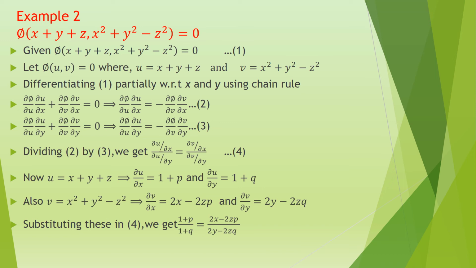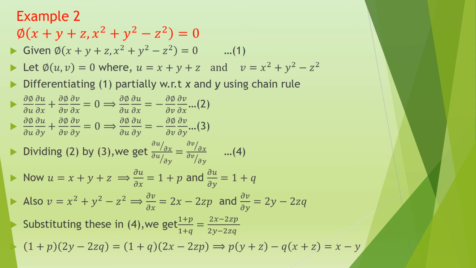If you simplify by just cross multiplying, we will get the simplest and standard form of the PDE. That is, I just cross multiplied: (1 plus p) into (2y minus 2zq) is equal to (1 plus q) into (2x minus 2zp). So which implies, if you simplify by opening the brackets, we will get p into (y plus z) minus q into (x plus z) is equal to x minus y, which is the required PDE.